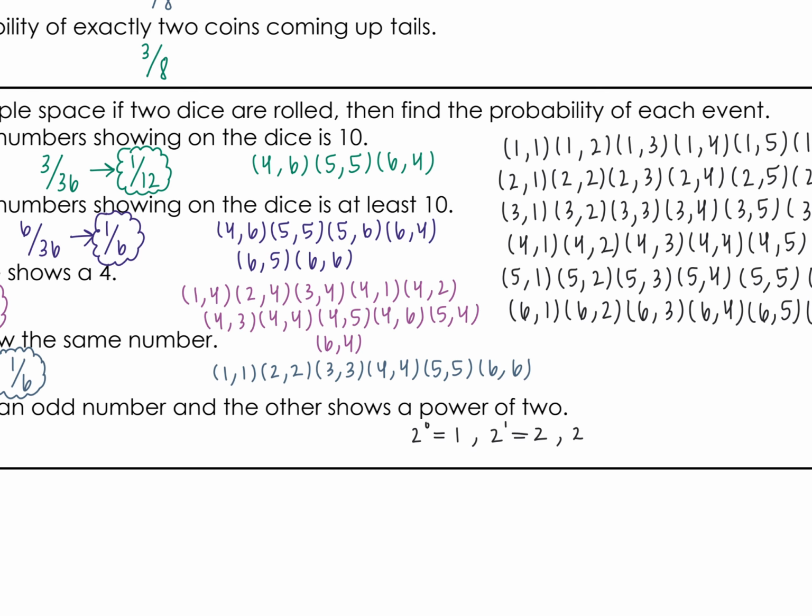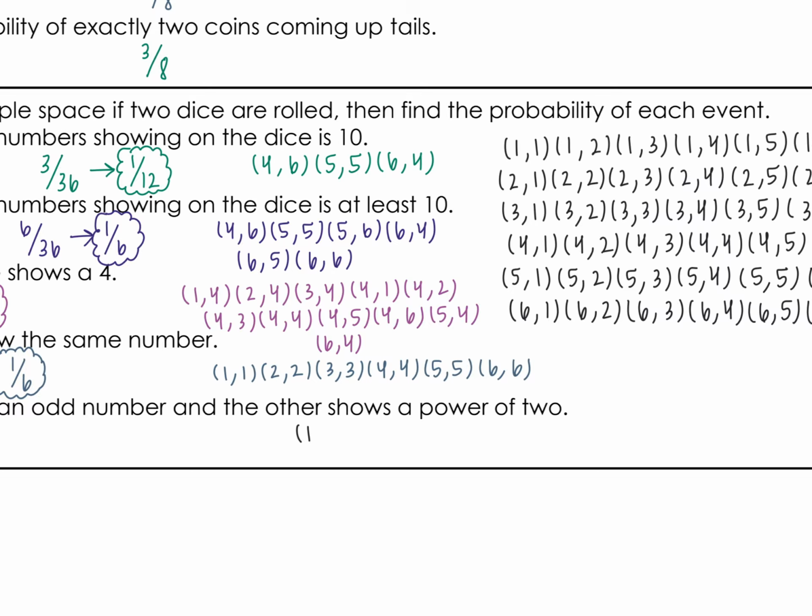And then 2 to the power of 2, which gives me 4, which is where we stop. Because when we get to 2 to the power of 3, we would get 8, and an 8 is not going to show on our dice. So we're looking for a 1, 2, or a 4. So I'm going to erase that because this is where I'm going to write them all out.